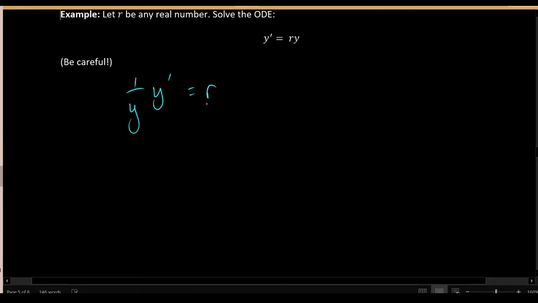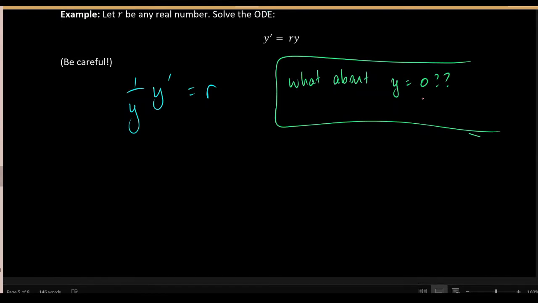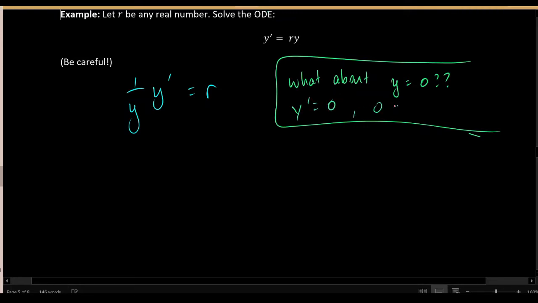But the problem is that you can only divide both sides by y if y is not 0. The problem is that y equals 0 is actually a perfectly valid solution to this differential equation. Because if I take the derivative of 0, the result is 0, and 0 is equal to r times 0.